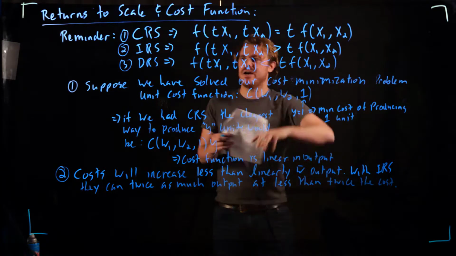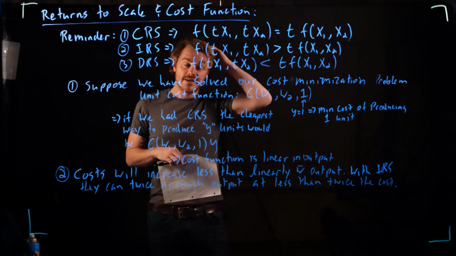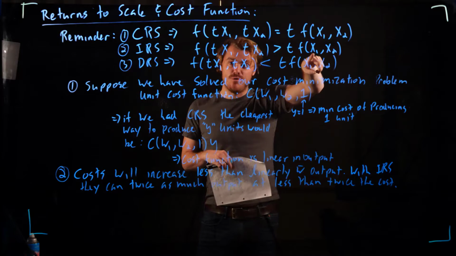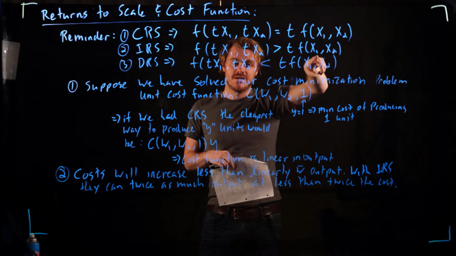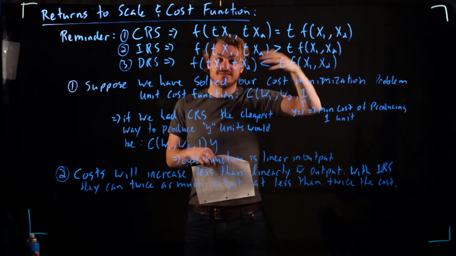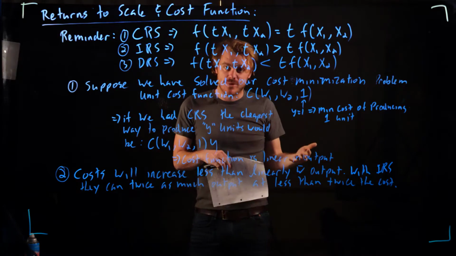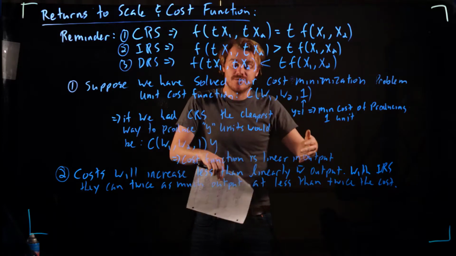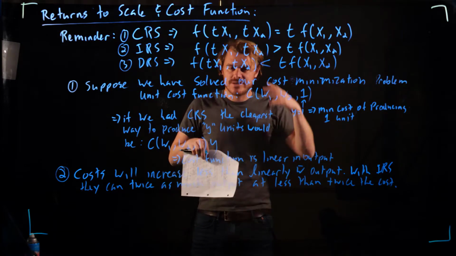You can kind of see that with increasing returns to scale here, right? If we can double the inputs and more than double the output, that means we need less than double the inputs to double the output, which means it's going to cost us less than twice the amount to produce twice as much output. So that's the idea there.